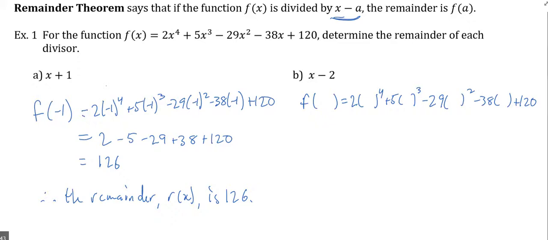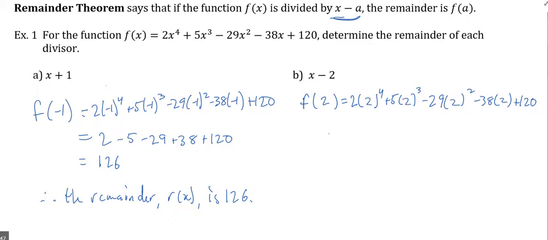F at 2, positive 2, because that's what's going to make that factor, the thing that I'm dividing by, x minus 2, equal 0, right? Flip the sign, f at 2. So I'll put 2 in all these brackets.